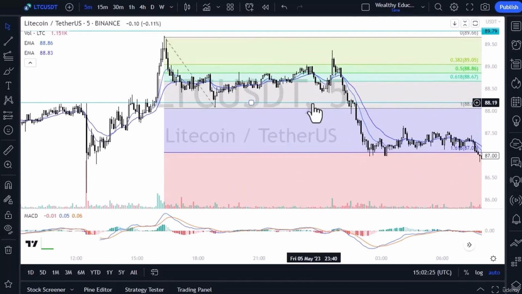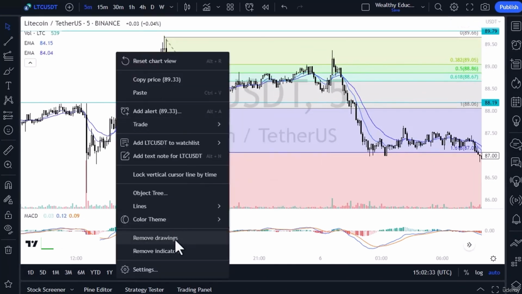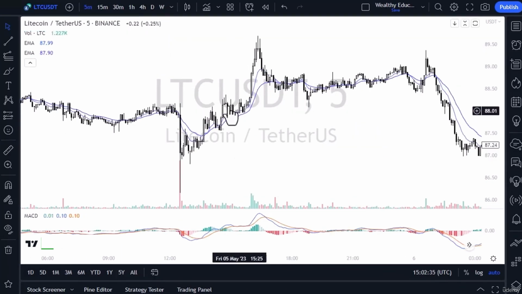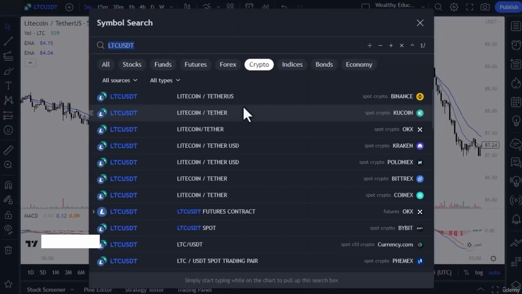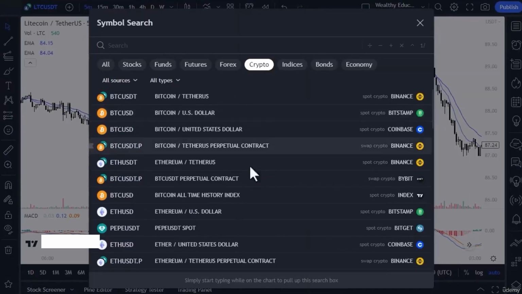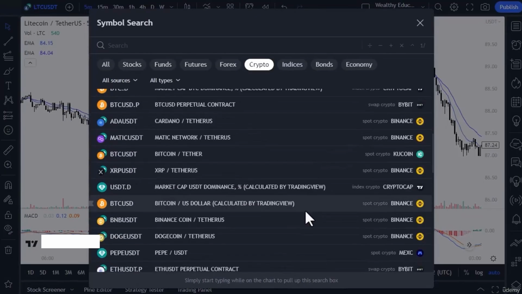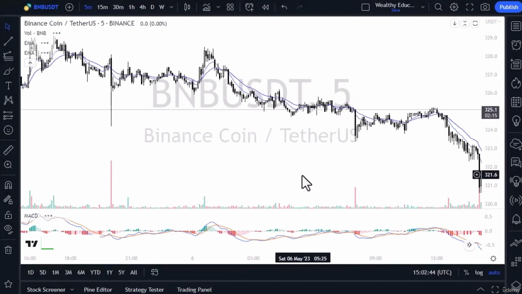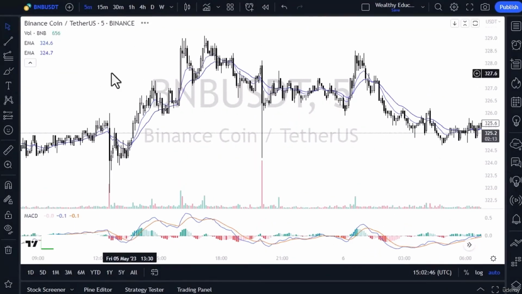Every time you hit a target, you move up one extension, or you move to break even and take a quarter off and let the next one go, et cetera. Obviously, it's one of those deals where you do have to be patient if you want the big returns. But the short-term scalps happen pretty quickly.